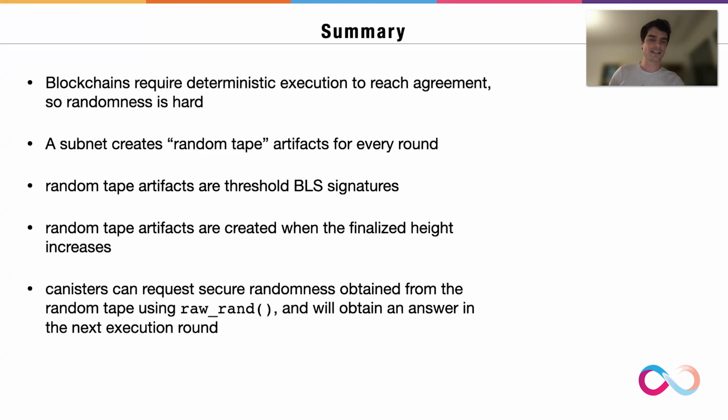So you can do something like that, but there's a bit of a trade-off. It'll be a bit slower, because you cannot use it at the next second. And if we build it into the system like this, then the delay is literally 1 second. So because the random tape goes in lockstep with the finalized blockchain, you can wait exactly as long as you need. I hope that answers your question.